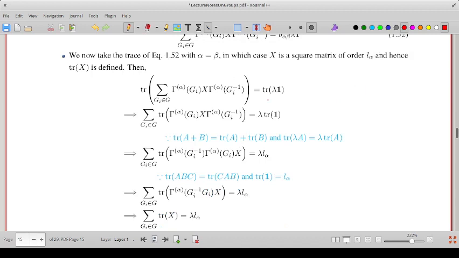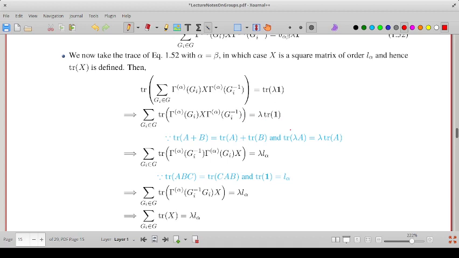Now, the trace of a sum of matrices is simply the sum of the traces of the matrices. That is, trace of A plus B is trace of A plus trace of B. And therefore, the trace of this sum is equal to the sum over Gi of the trace of the individual matrices, trace of gamma alpha Gi X gamma alpha Gi inverse. And that should be equal to the trace of lambda times identity matrix.